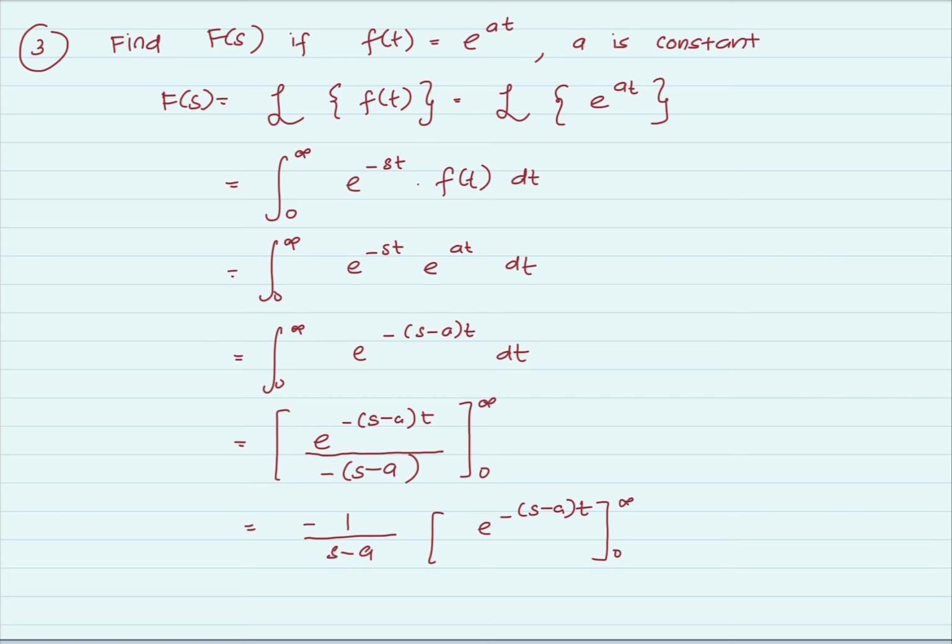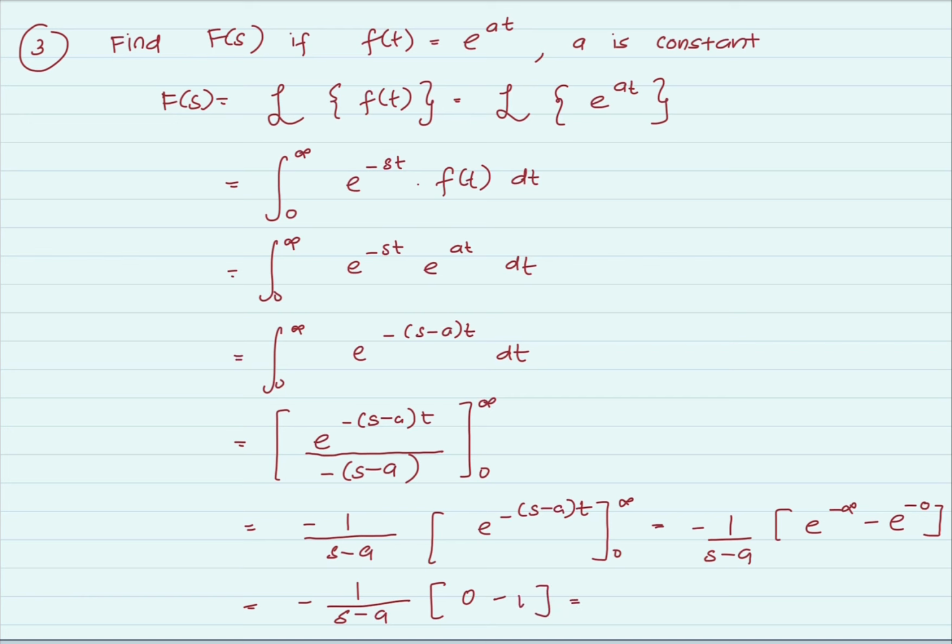So we will have negative 1 over s minus a, times e to the negative infinity minus e to the negative 0. Again, e to the negative infinity is 0 and e to the negative 0 is 1.